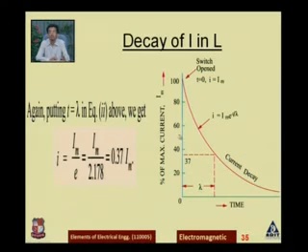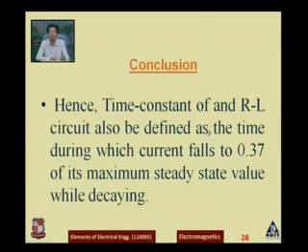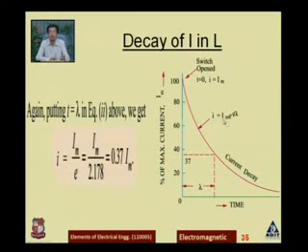So this equation, I is equal to Im into e raised to minus t by lambda, is the relation that we can use to find out how much current has decayed or decreased. Here lambda is equal to L by R. From this equation we found that I is equal to 0.37 of the maximum current.